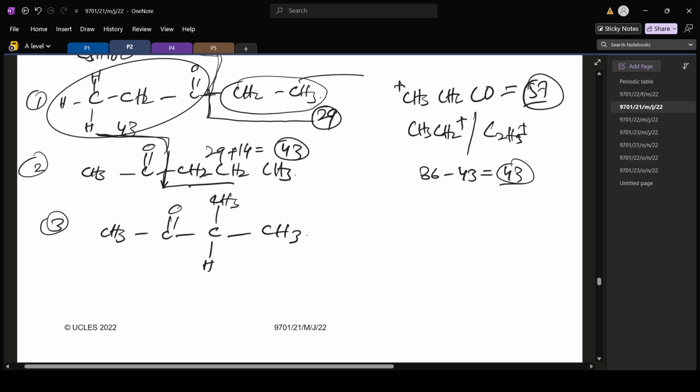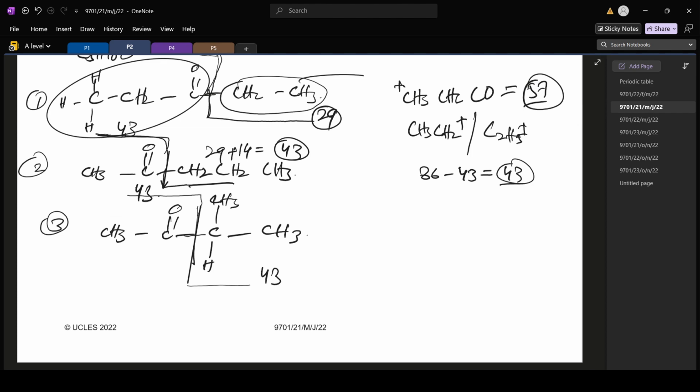So this can't be Z, and this also can't be Z, because if you break your compound from here, you will get 43 and 43.